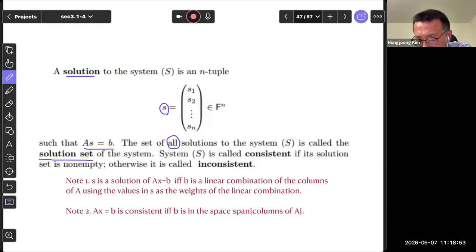We say Ax equals b is consistent if there is a solution. Otherwise, we say the system is inconsistent. So Ax equals b is said to be consistent if there is a solution.